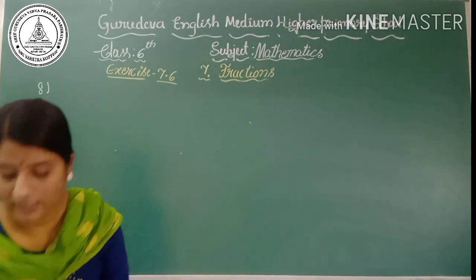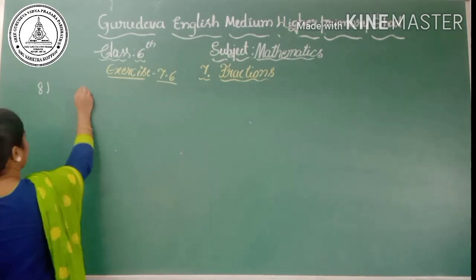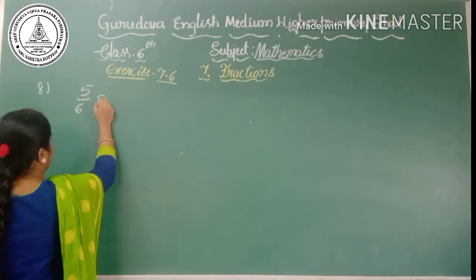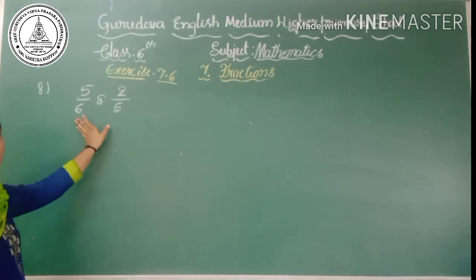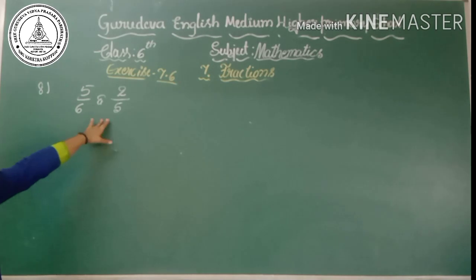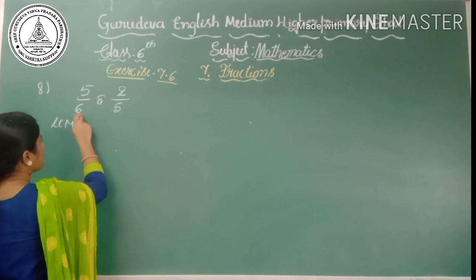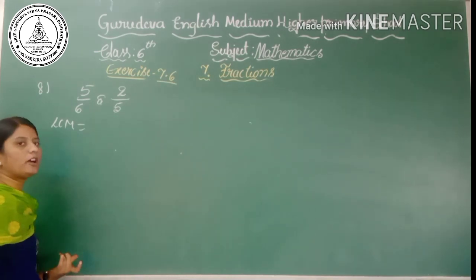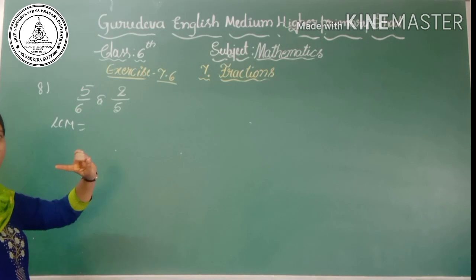First, write here the given fractions: 5 by 6 and 2 by 5. These two are unlike fractions, so make them into like fractions by taking the LCM of the denominators. What is the LCM of 6 and 5? 6 and 5 are co-prime numbers, having only 1 as a common factor.